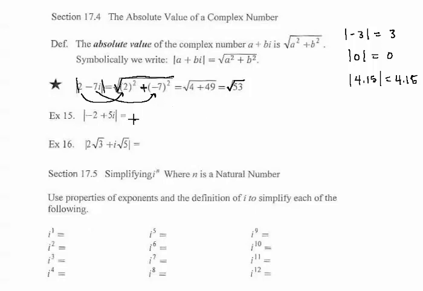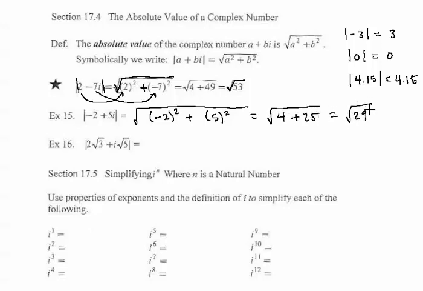So the absolute value of negative 2 plus 5i would be negative 2 squared plus 5 squared, which simplifies to the square root of 4 plus 25, which in the end is written as the square root of 29. Okay, so it's definitely not obvious.